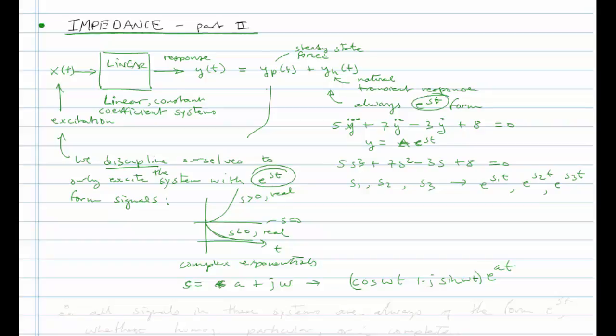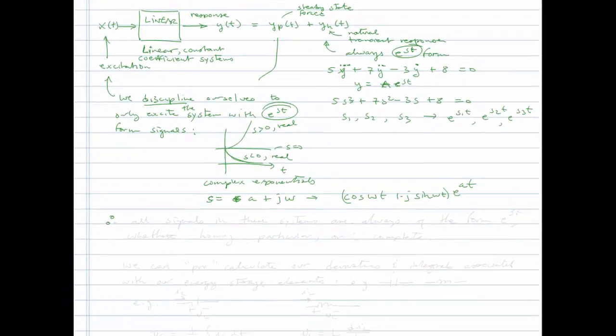And we know that the homogeneous response is always e to the st. So therefore, all signals in these systems are always of the form e to the st, whether homogeneous, particular, or therefore complete.